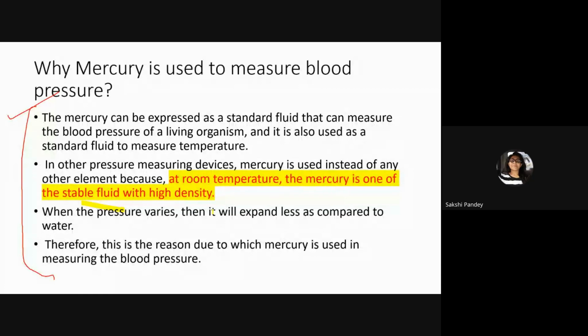Ma'am, you are not audible. Is ma'am audible for everyone?